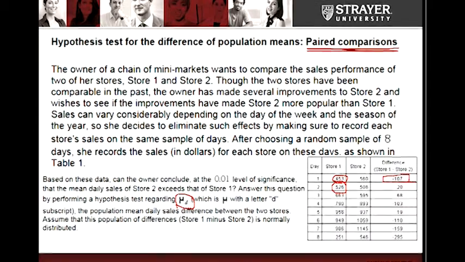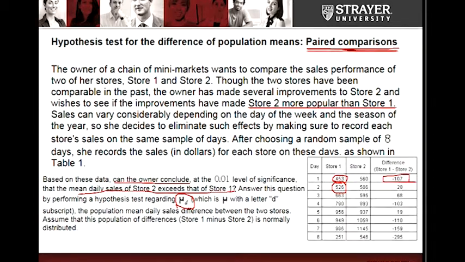So we got a note that the 2 stores have been comparable in the past. Just see if the improvements have made store 2 more popular than store 1. Okay, so we're comparing the mean of store 2 to the mean of store 1, and here's the overall question: can the owner conclude that the mean daily sales of store 2 exceeds that of store 1?